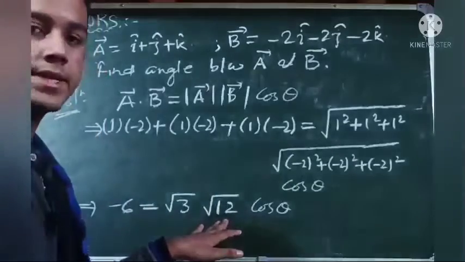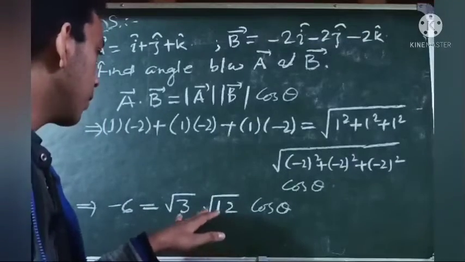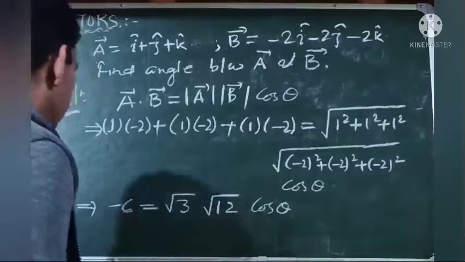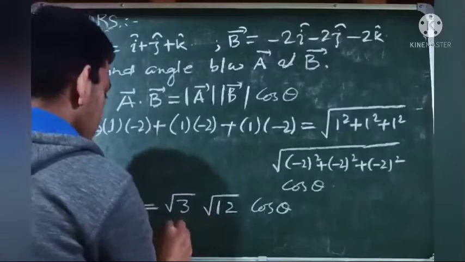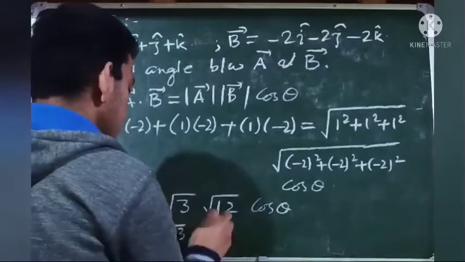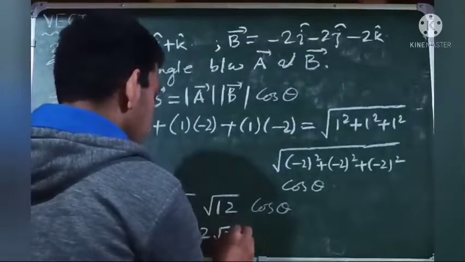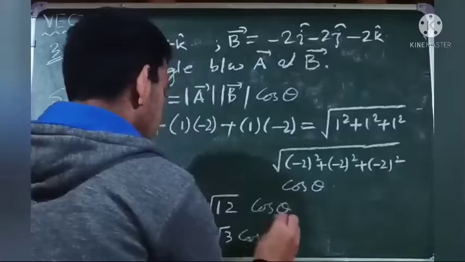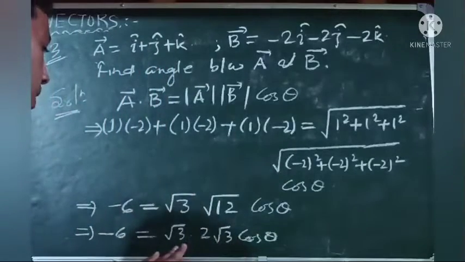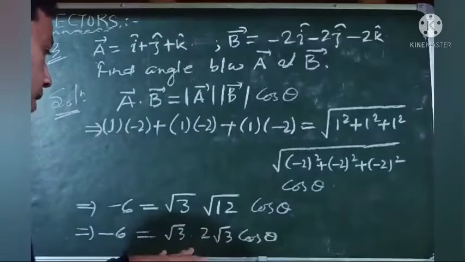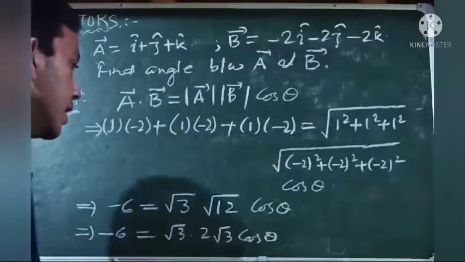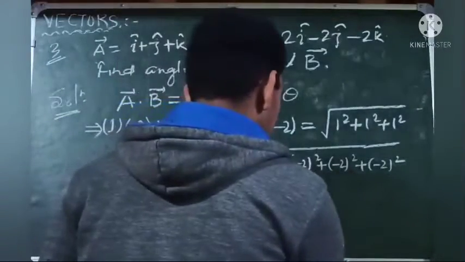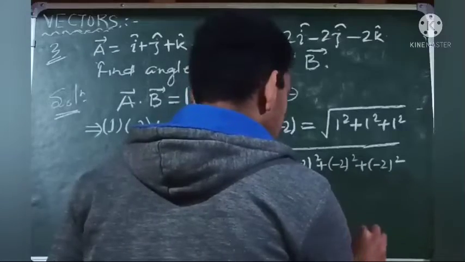We can write it as 4 multiplied with 3, and the 4 will come out of the square root, so we get minus 6 multiplied with root 3, this is 2 root 3 cos of theta. Now root 3 multiplied with root 3 gives 3, so 3 multiplied with 2 is 6, so cos theta is basically minus 1.